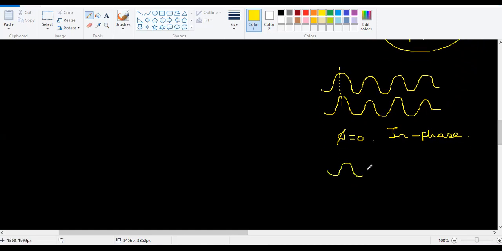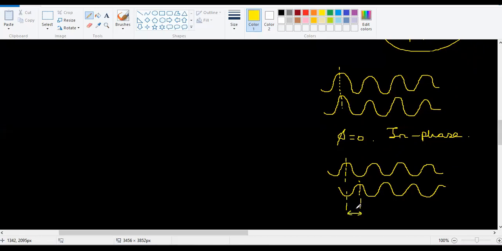But suppose you have one wave like this and another wave like this, you see this peak and this peak, the phase difference will be 180 degrees.